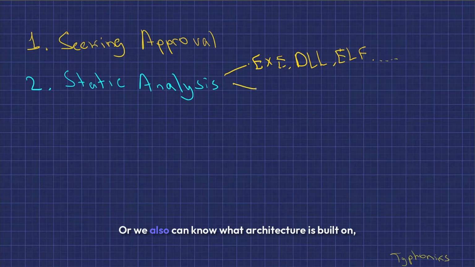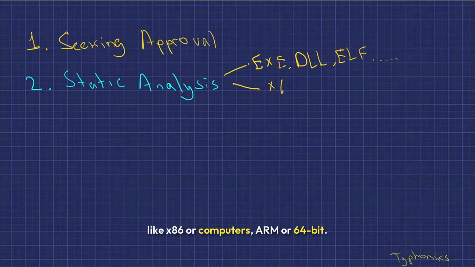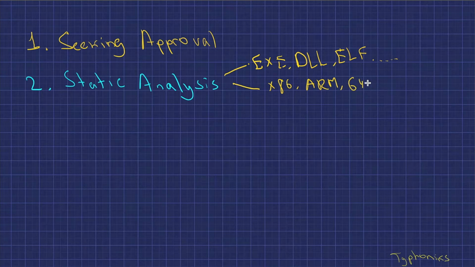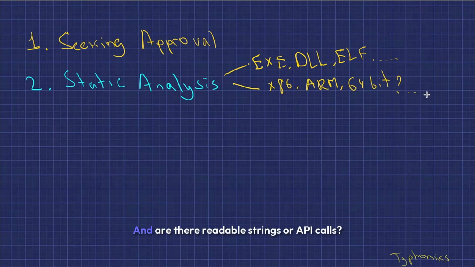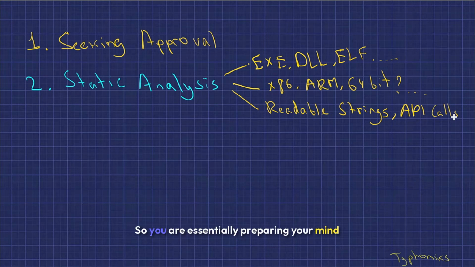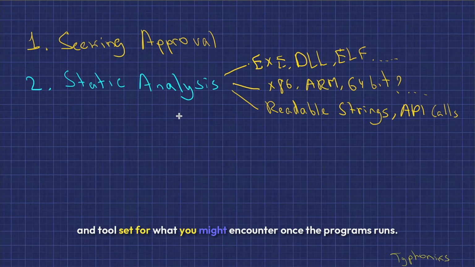Or we can also know what architecture it is built on, like x86 for computers, ARM, or 64-bit. And are there readable strings or API calls? So you are essentially preparing your mind and toolset for what you might encounter once the program runs.